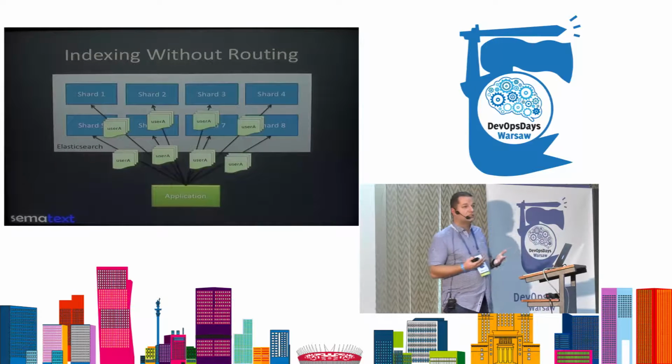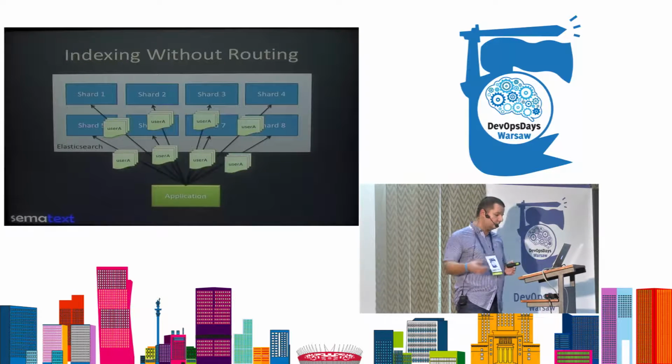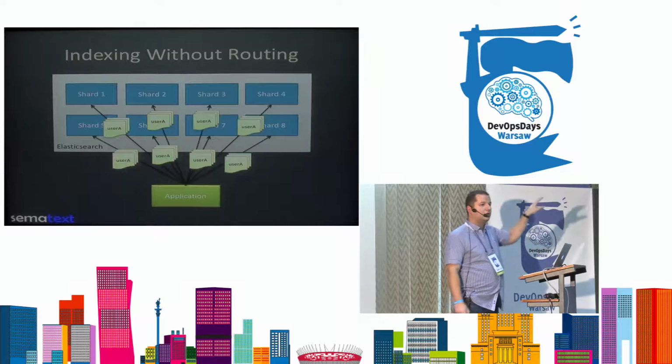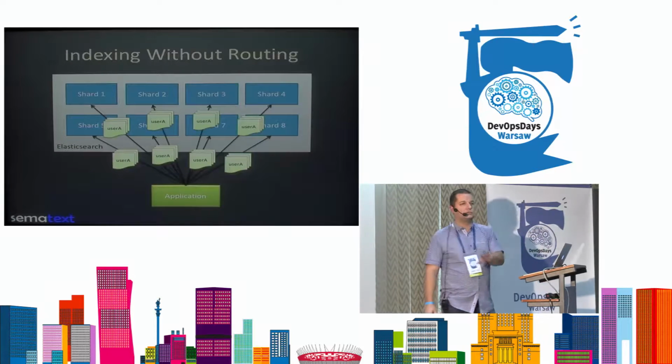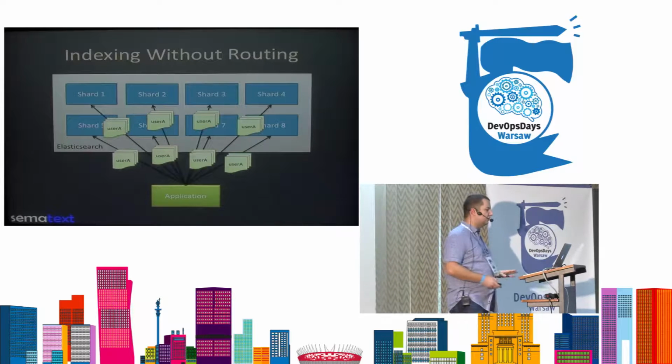So how does indexation without routing work? When an application sends the data, Elasticsearch uses a so-called hashing algorithm to calculate the hash of the document based on its identifier. And then, based on that, it puts it into one of the shards of the index. And in general, it will round robin around all the shards and just put it more or less evenly in all the shards.